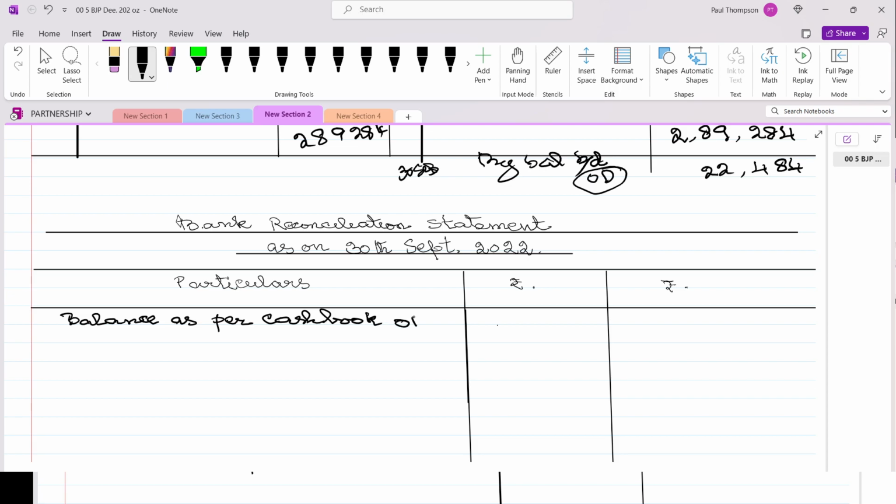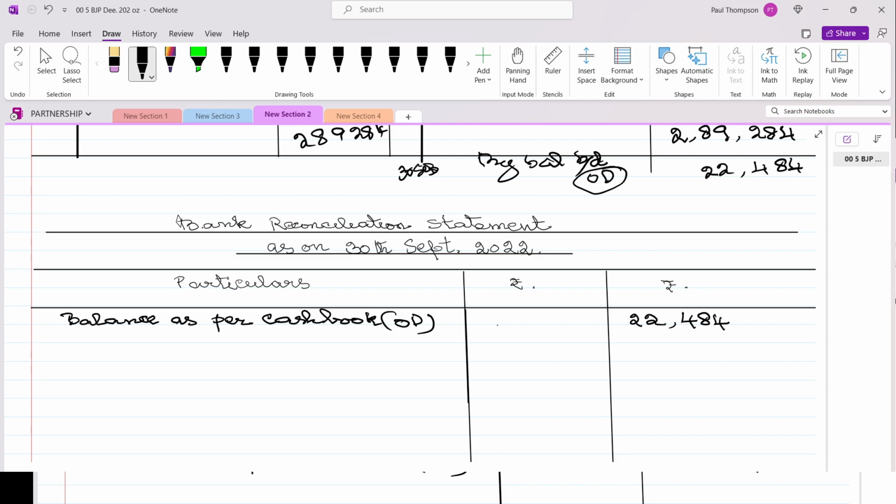This is overdraft. Write it in full, overdraft. The balancing figure I am writing in the outer column, 22,484. So this is a kind of short term loan. Whenever we deposit any amount into the bank, the loan will come down.